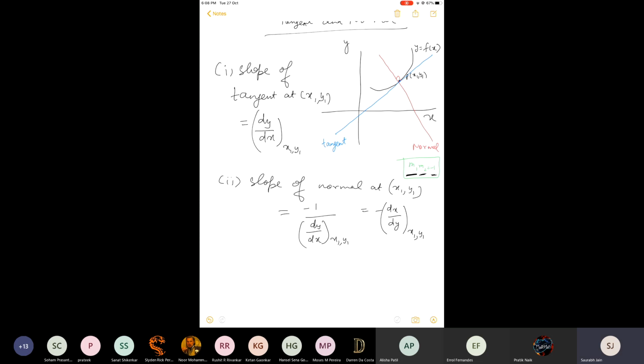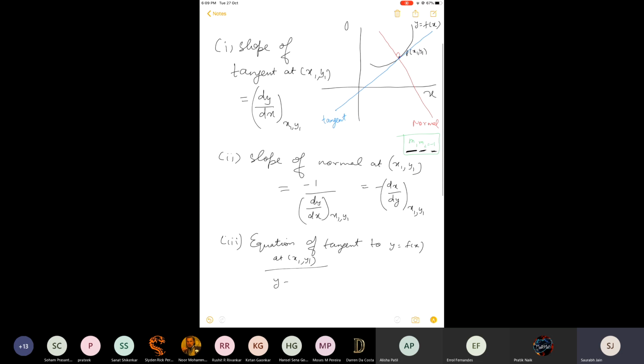Now, related to these two, the equation of tangent at this point. It is easy if you know how to write the equation of a line, because tangent and normal are ultimately lines, right? If we have to write the equation of the tangent to this curve at a given point, it can be written in the form y minus y1 equals m into x minus x1.